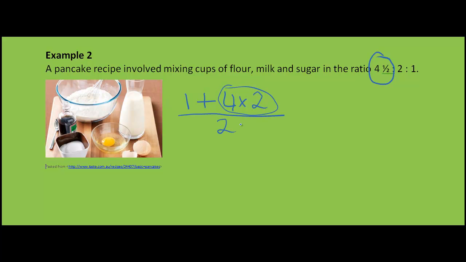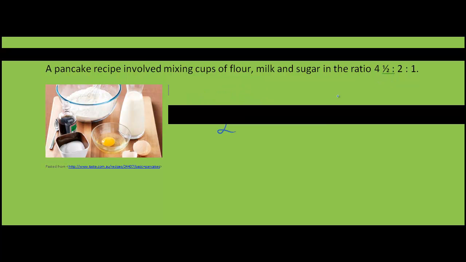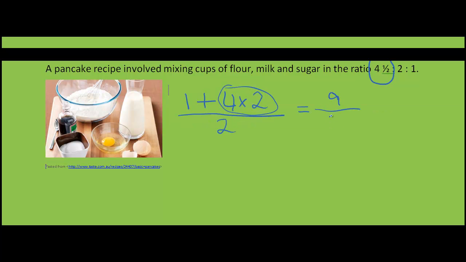So the mixed fraction 4½ is equivalent to the improper fraction 9 over 2. So the original ratio of 4½ is to 2 is to 1 can be rewritten as 9 over 2 is to 2 is to 1. However, we still have a fraction in our ratio.